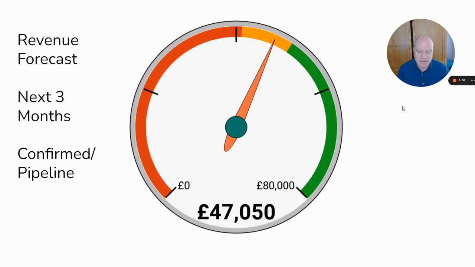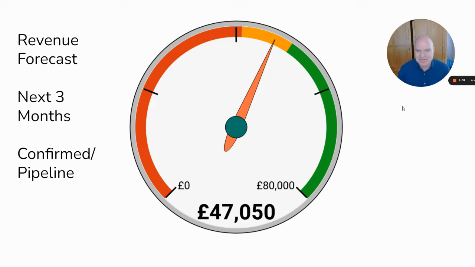So this dial is for a revenue forecast. It could be for next month, or for the next 3 or 4 months, based on a revenue forecast, which is part of the dashboard. It also can tell you what's confirmed, so what's the worst case scenario, what is definitely going to happen.